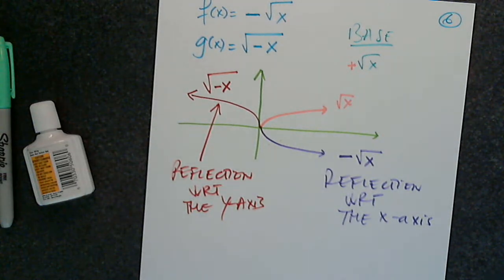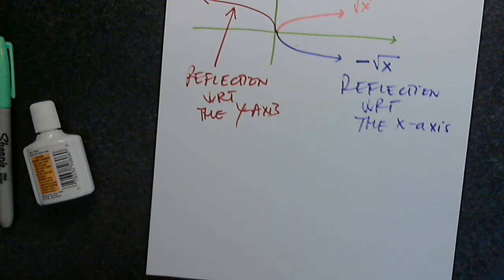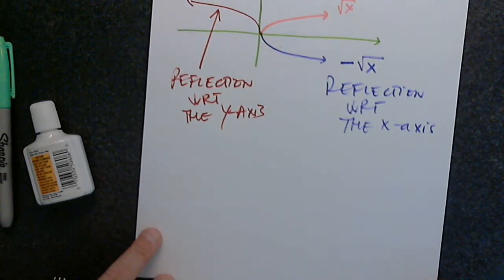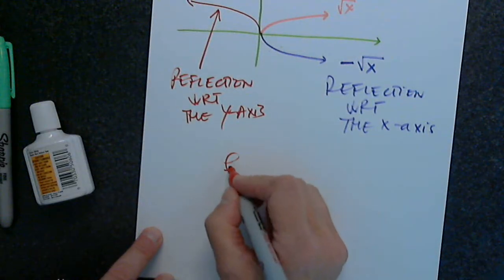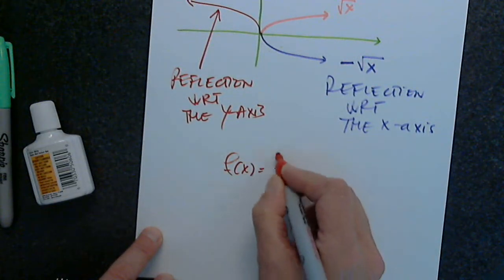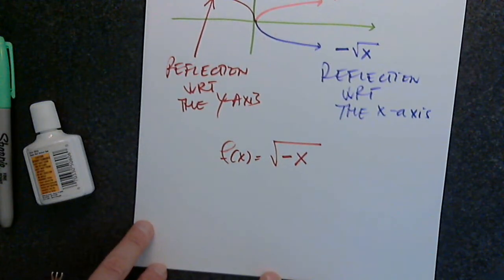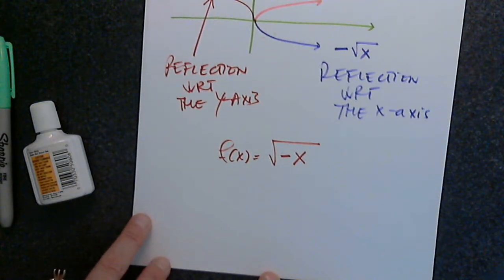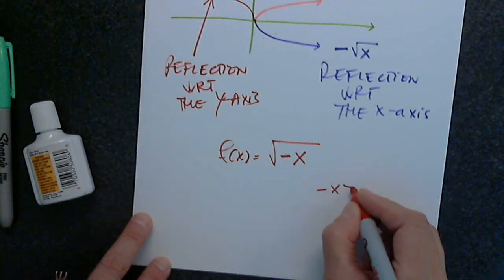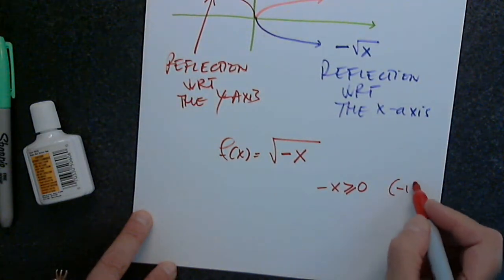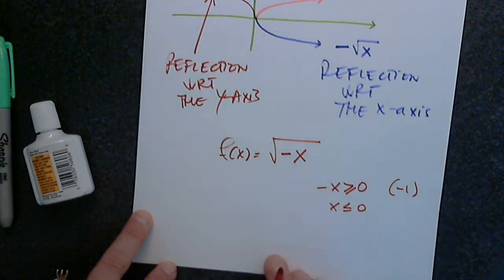How do you calculate the I? How do I calculate what? The I. Very good question. Okay, Taylor is asking this question. What is the domain of this function? And everyone will answer, negative x must be greater than or equal to 0. And multiply both sides by -1 will give x less than or equal to 0.